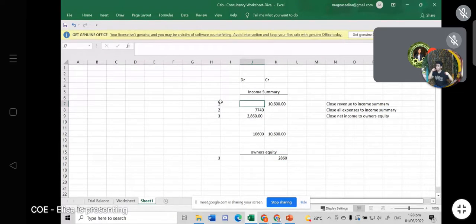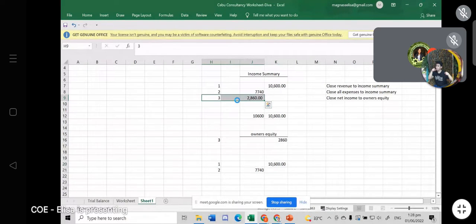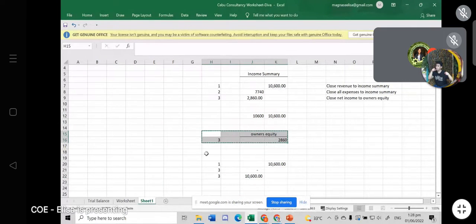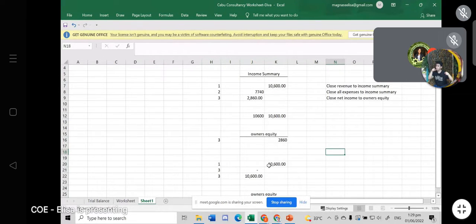Assuming, just for example, that the revenue is 10,600 and the expenses are 11,000. So what will happen is that it will result in a 400 loss.